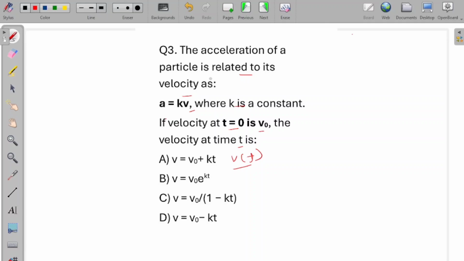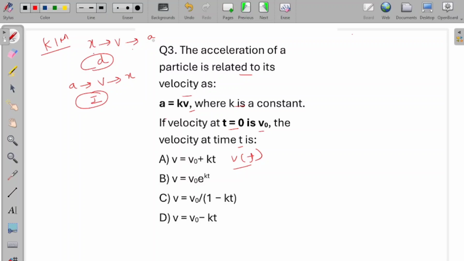When we go from x to v to a, then we do differentiation, right? And when we go from a to v to x, we do integration. You can keep this in one of your chems, that when we go from x to v to a, x stands for displacement, v stands for velocity, a stands for acceleration.